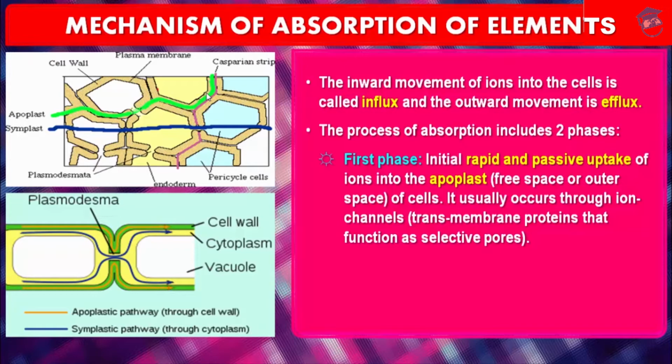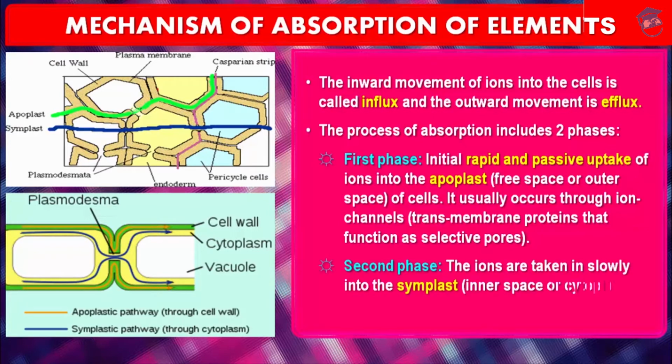Now on the other hand, students, entry or exit of ions to and from the symplast requires the expenditure of metabolic energy, which is an active process. The movement of ions is usually called flux. The inward movement into the cell is called influx, and the outward movement is called efflux.